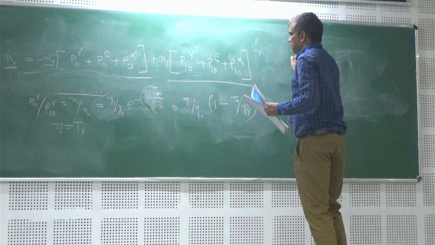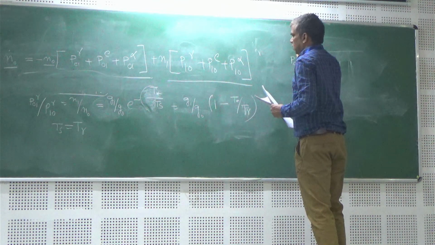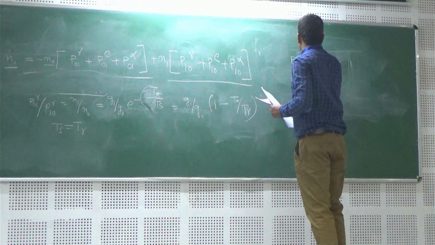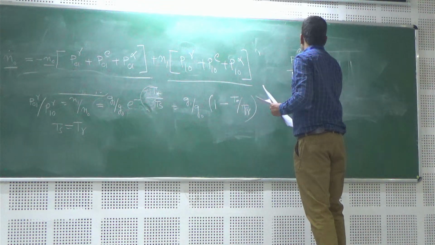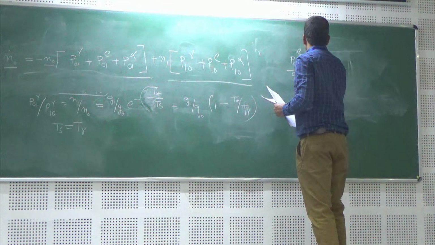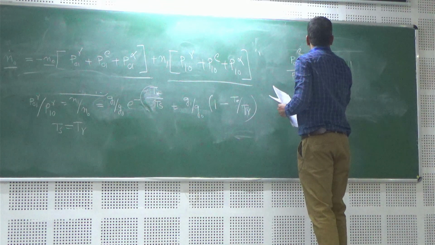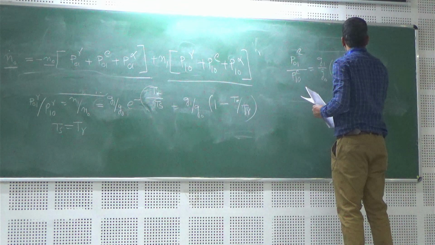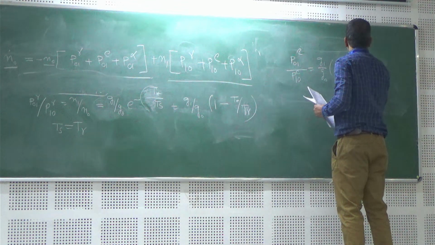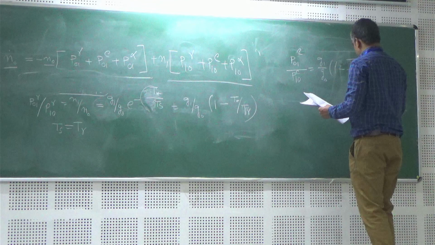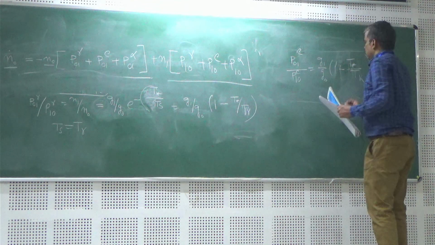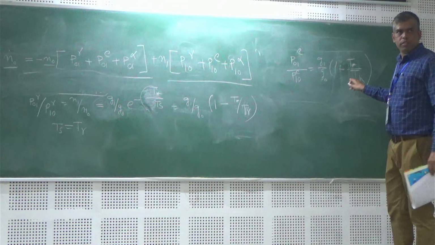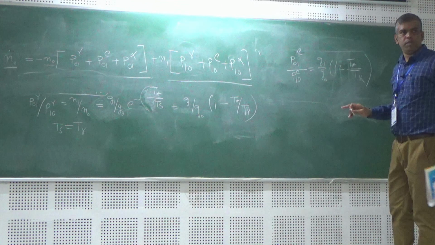So similarly, collisional P01C by P10C is equal to G1 by G0 times 1 minus T star by TK, because the characteristic temperature for collision is the kinetic temperature.